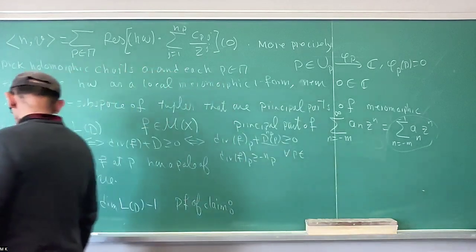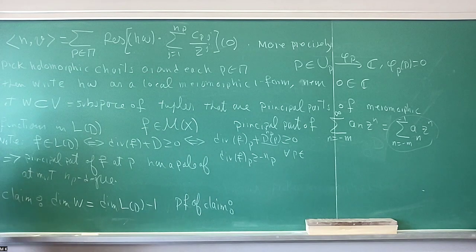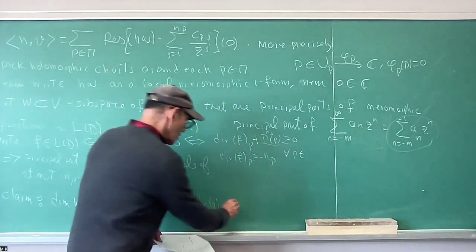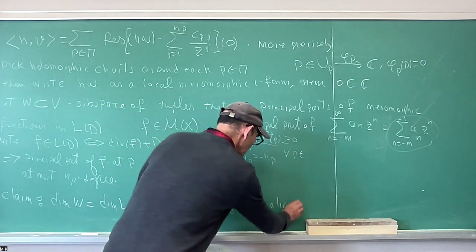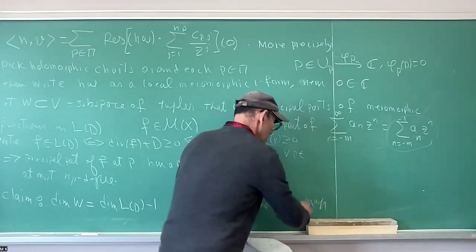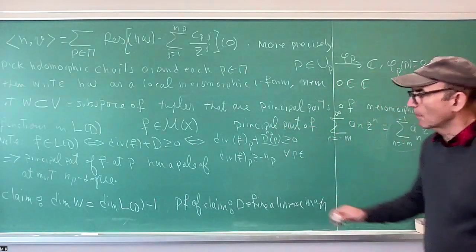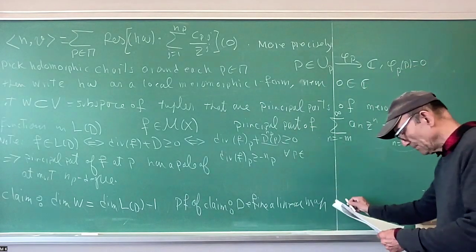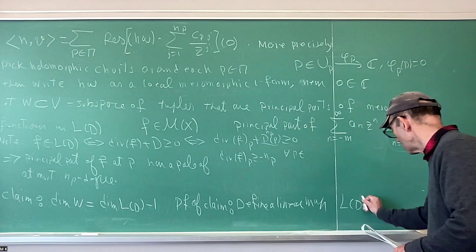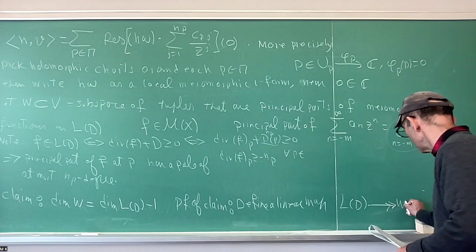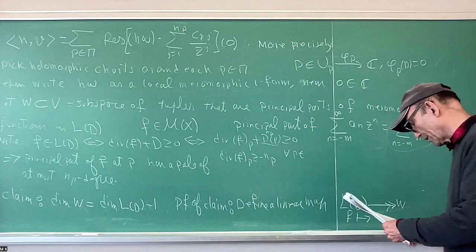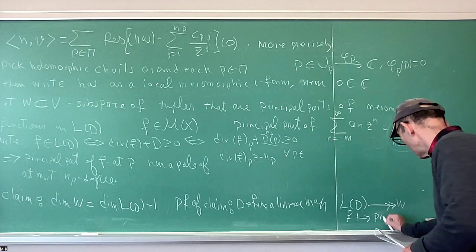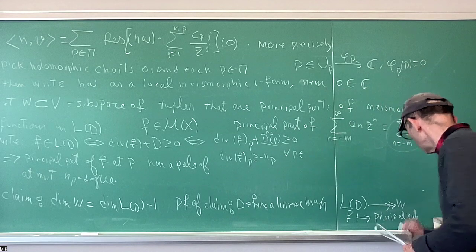Let us define a linear map from L(D) to W that sends f to its principal parts.